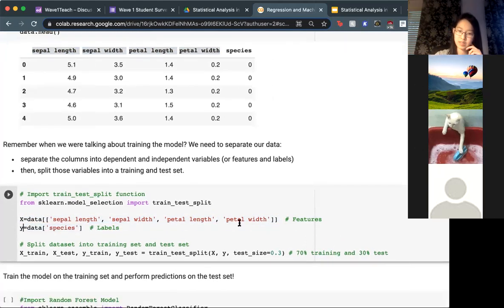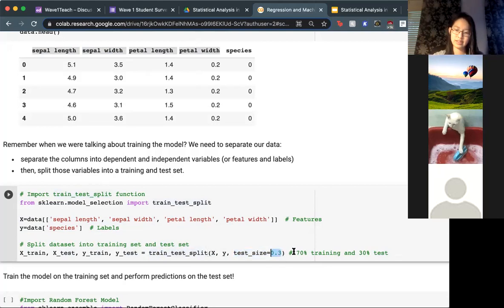Once you have that split up, you can move it into a training and a test data set. Here, with the function I was just talking about, you put in the features, the labels, and then the size that you want your test set to be. That's the portion you will use to check whether your model has made correct predictions or not.